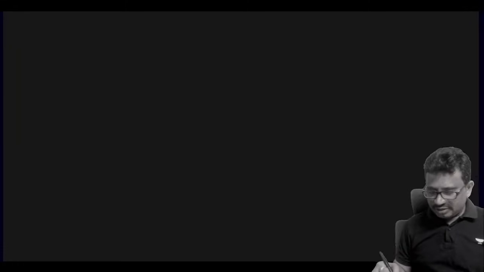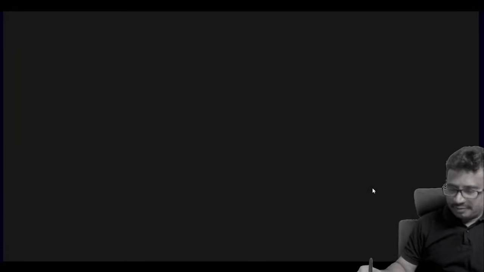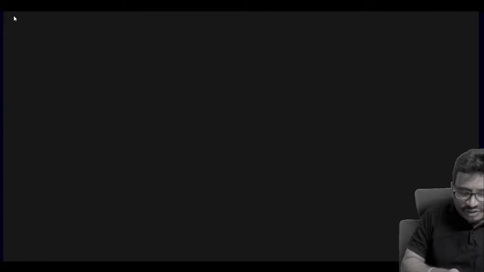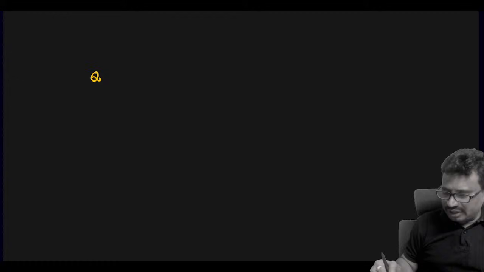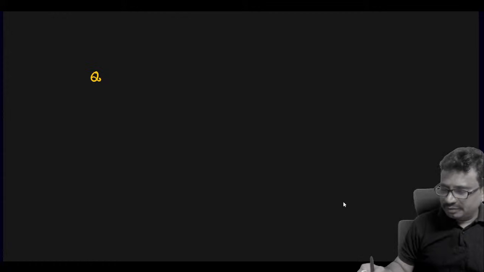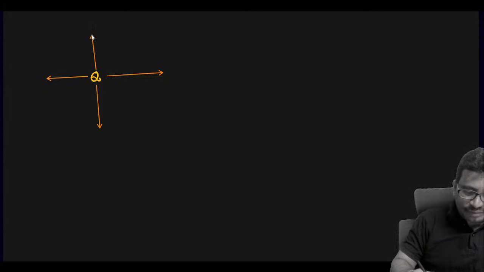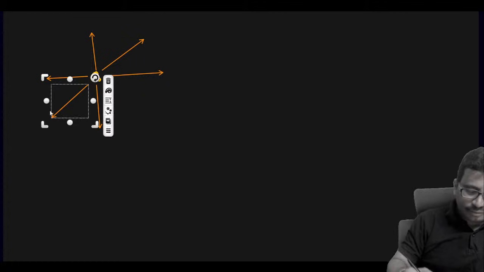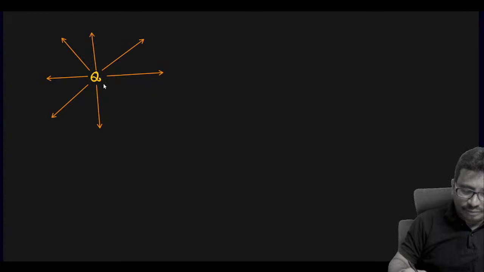Now look here. If we have taken some positive charge, how are the electric lines? They are like this. Electric lines which are radially outward in all directions.